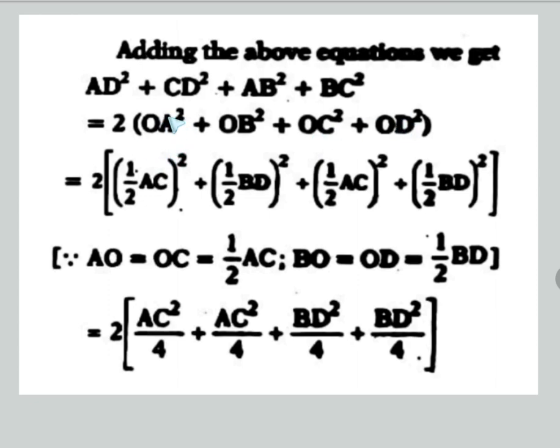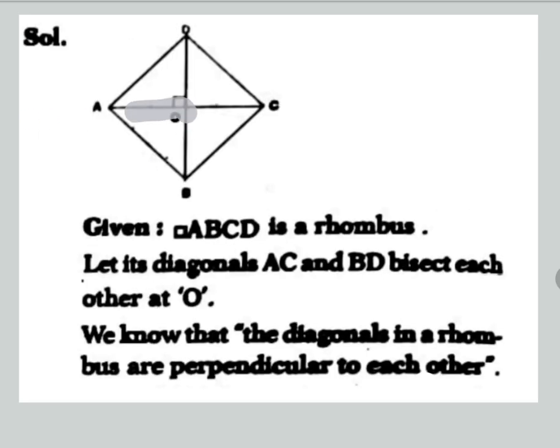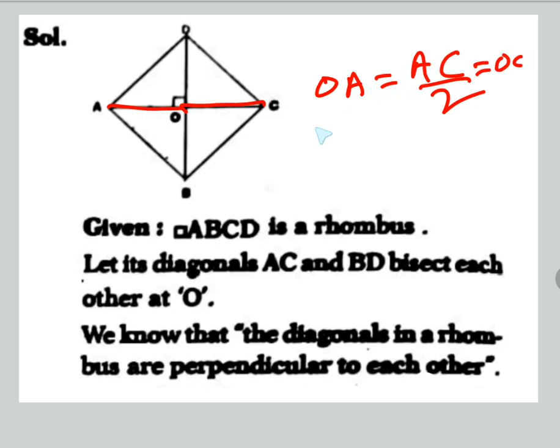We know that OA is half of AC. OA is equal to AC by 2, and OC is equal to OA, and OD is equal to BD by 2, which is equal to OB also.